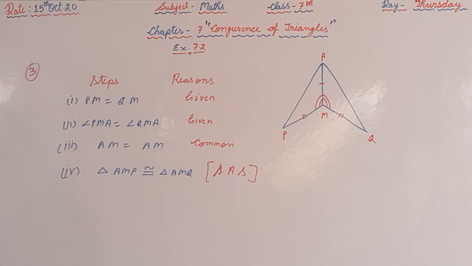Afterwards, question number 5: in the figure, two triangles are congruent, and the corresponding parts are marked. The figure is given in question number 5.